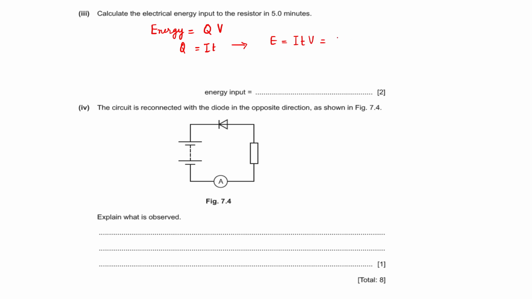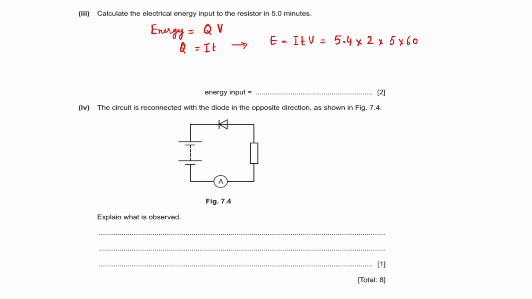The voltage across the resistor is 5.4 volts, multiplied by the current through the resistor, 2, multiplied by 5 minutes. Remember time is in seconds, so 60.